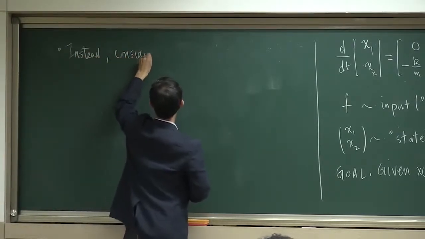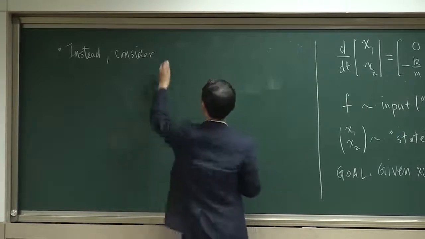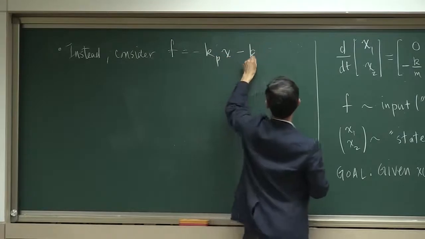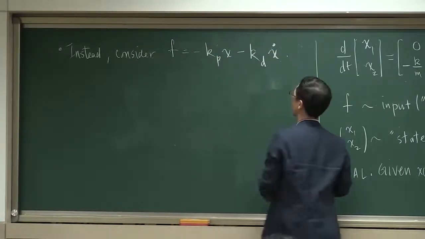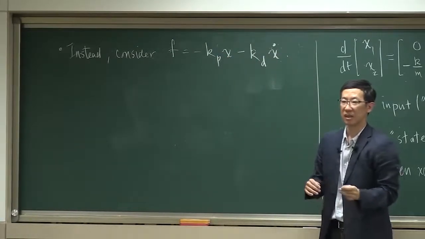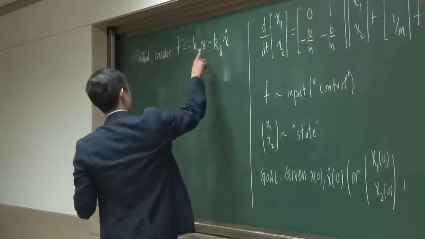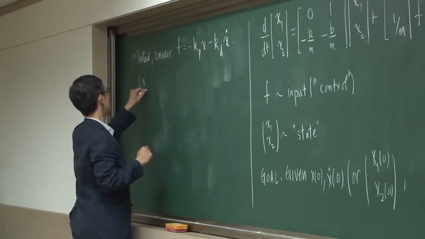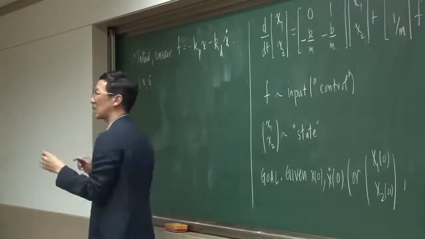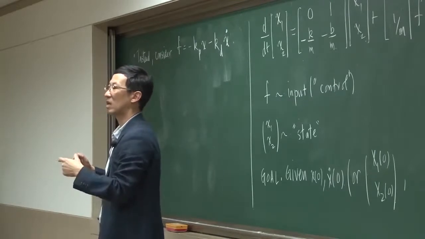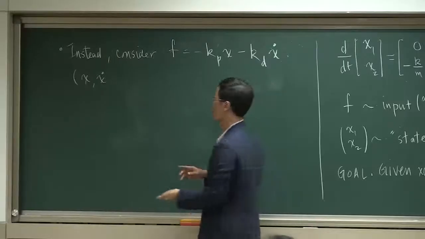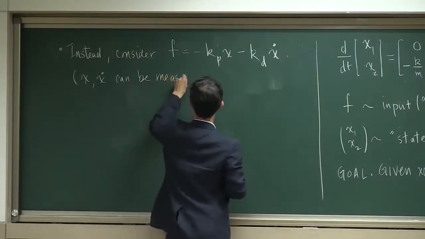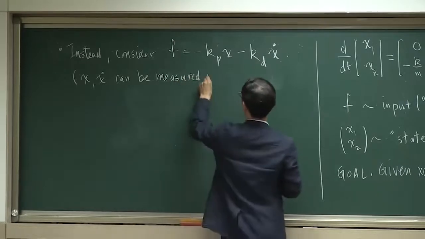We looked at a control law of the form F equals minus kp x minus kd x dot. x and x dot are assumed to be available as measurements, and can be measured using sensors.